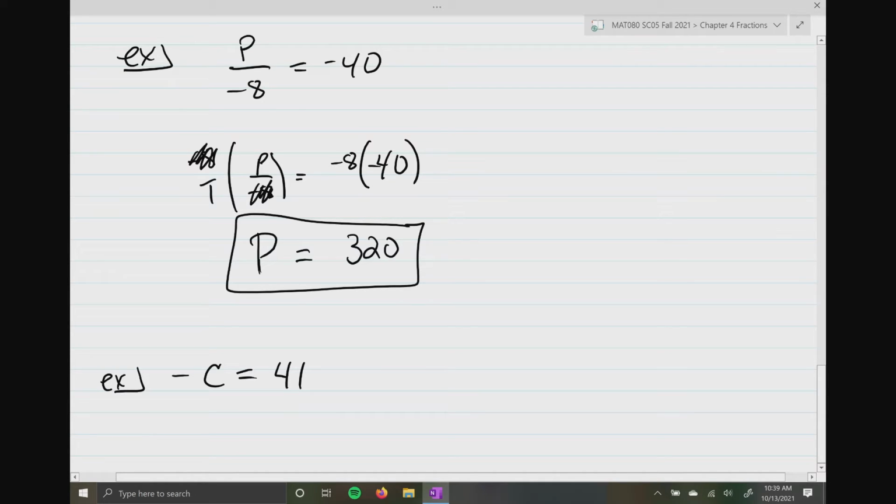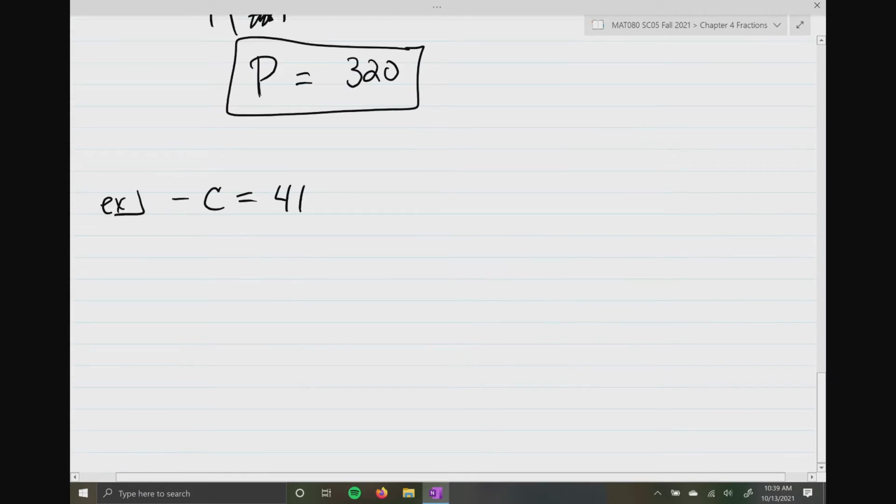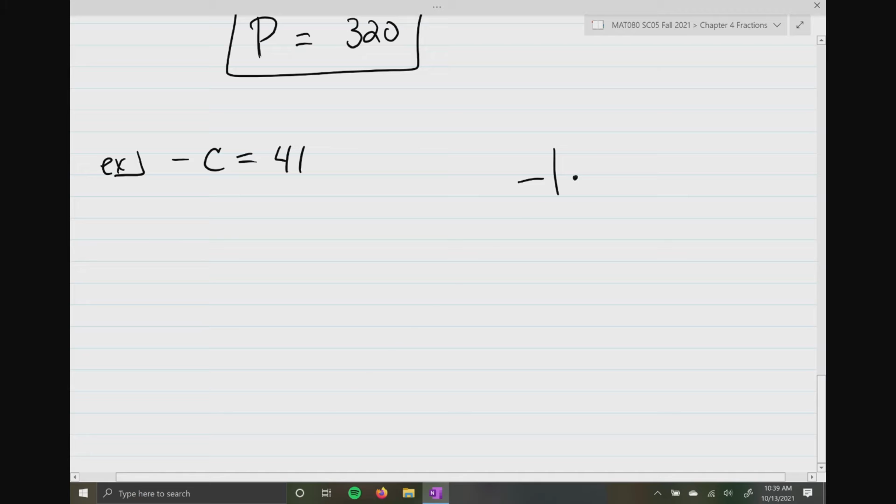And what I mean by isolate the variable, I want that variable to be a positive number. Currently, that variable is negative. In fact, you could think of it like this on the right-hand side: -1 times c. So if you look at the problem like that, we are going to be using our division property of equality.